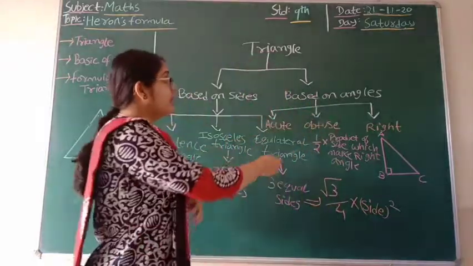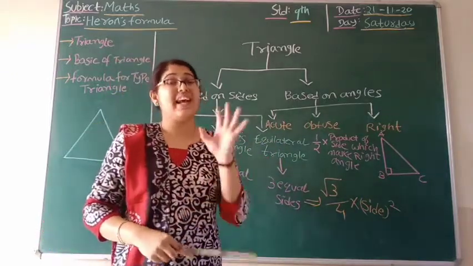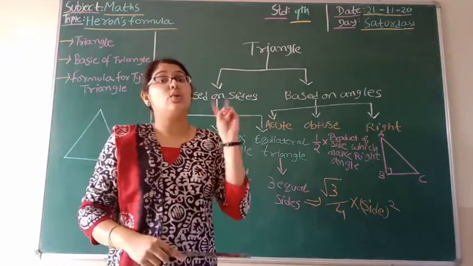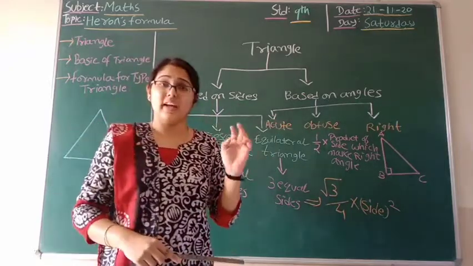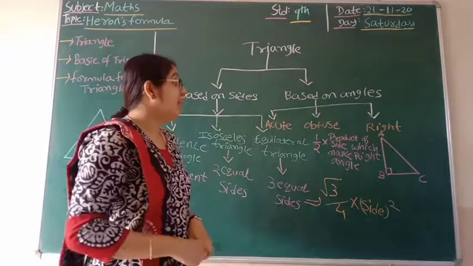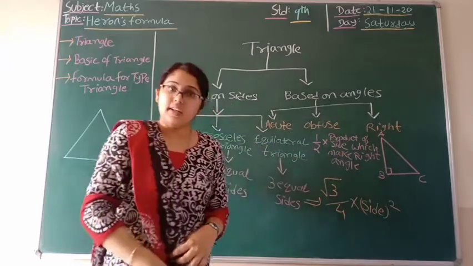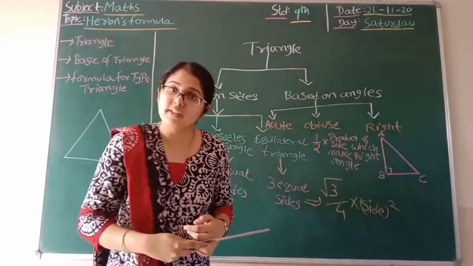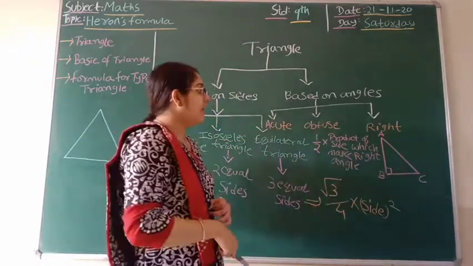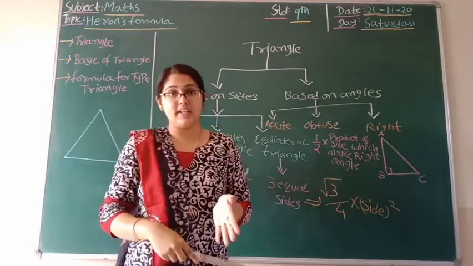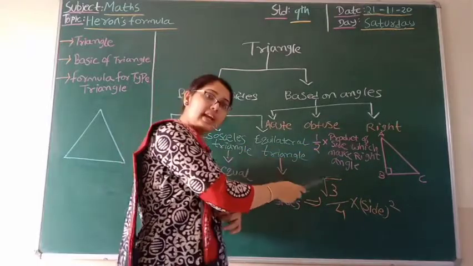Then in an obtuse angle triangle, it has one obtuse angle and two acute angles, and the obtuse angle is greater than 90 degrees. Then a right angle triangle has an angle of 90 degrees, the opposite side is known as the hypotenuse, and the adjacent sides are known as legs. And the formula to find the area of the right angle triangle is 1/2 into the product of the sides which make the right angle.